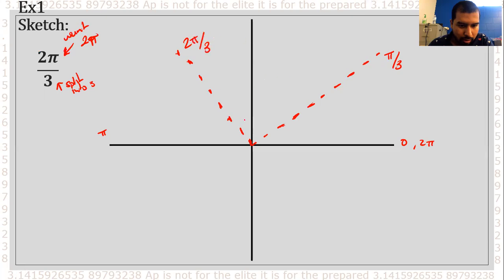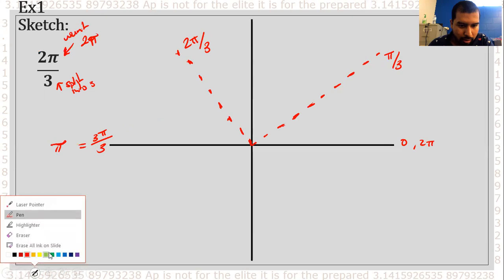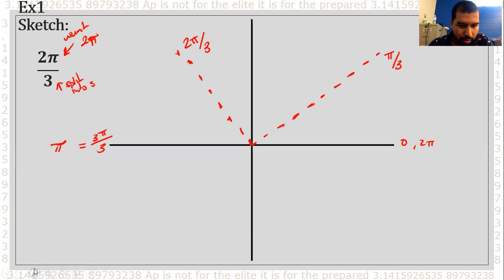I add one more, this should give me 3 pi over 3, and if I reduce it, that's the same thing as saying pi. Now, how many of these slices do I want? Let's agree, I want 2 out of these 3. So remember, here's 1, and here's another one.